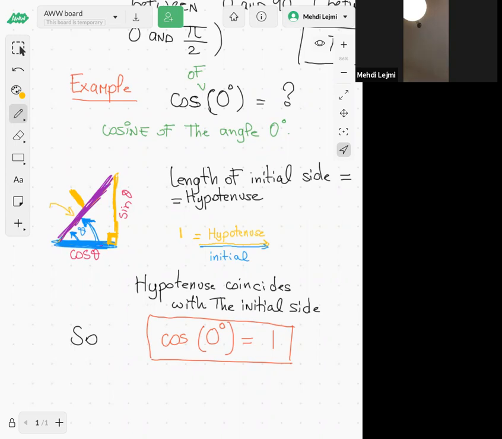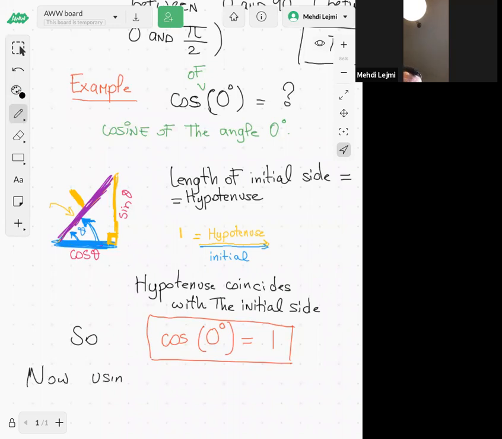All right, so once you get that cosine of angle 0 is 1, you can use, for example, our trig identity. We said cosine square plus sine square equals 1, right?